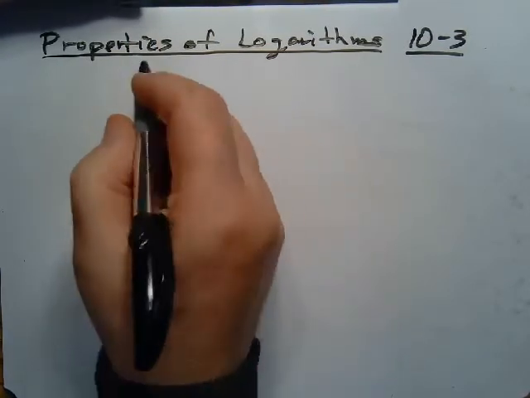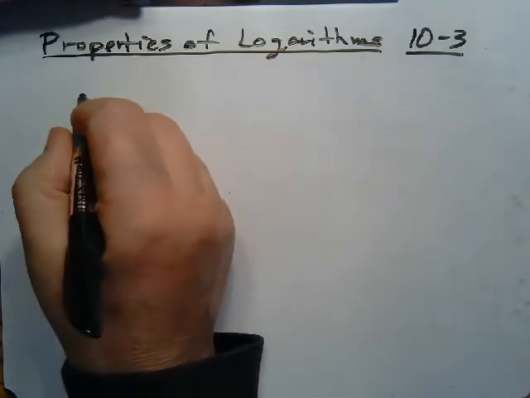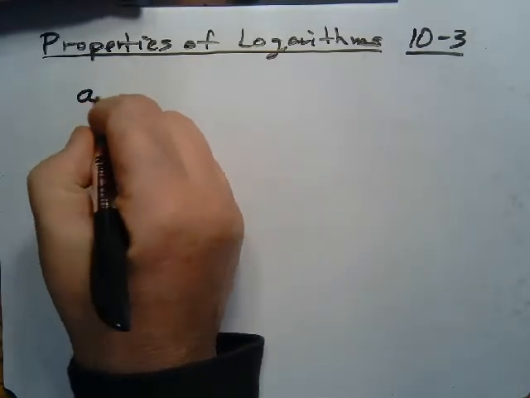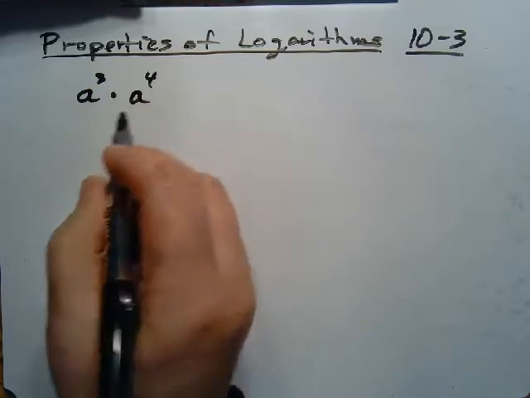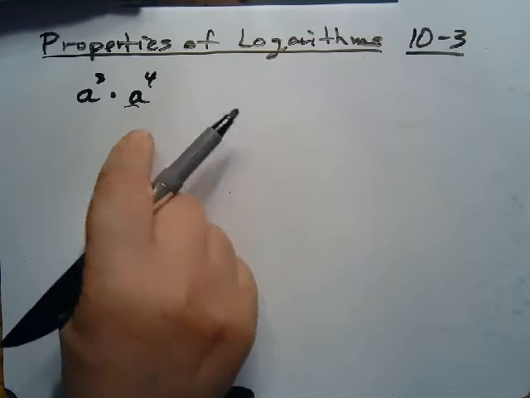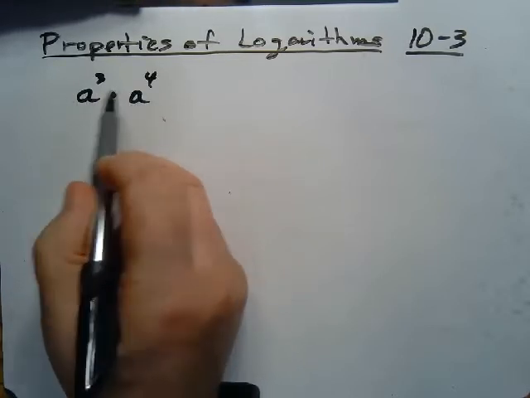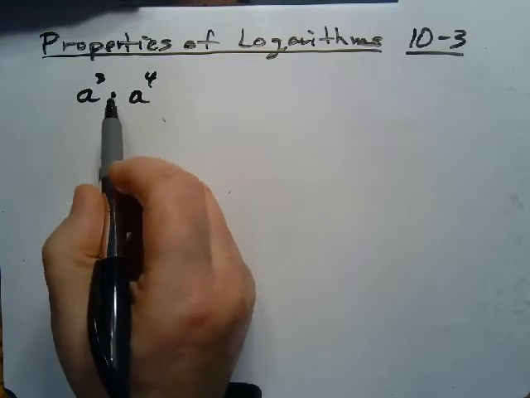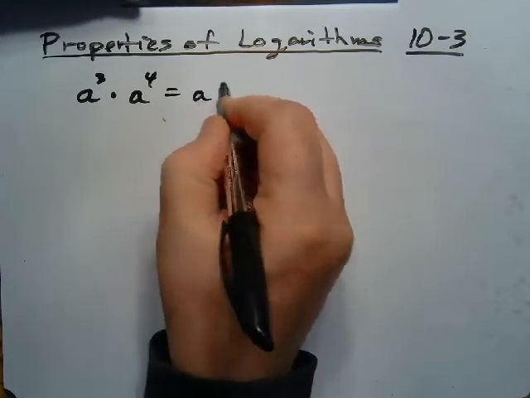We need to talk about properties of exponents as we do this. If you recall, in the exponent world, when we requested to multiply two monomials together with the same base, we find ourselves adding the exponents.